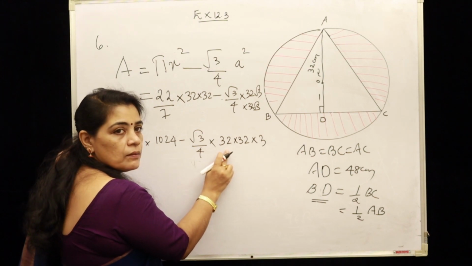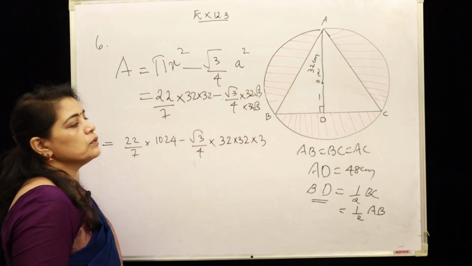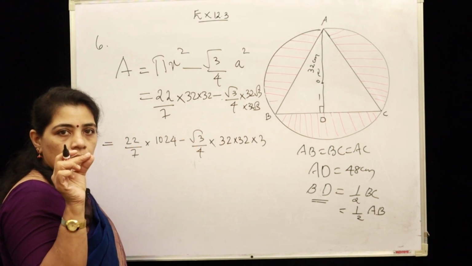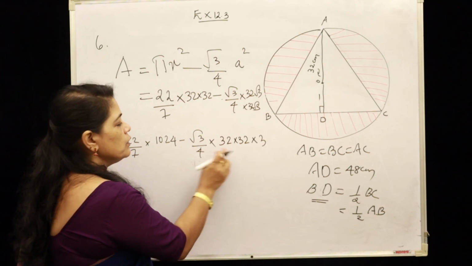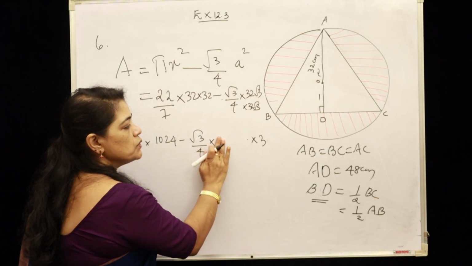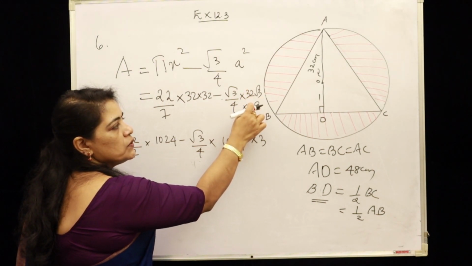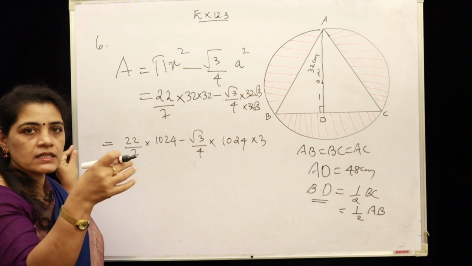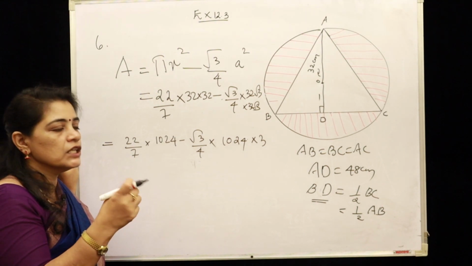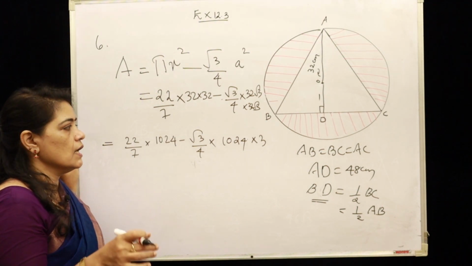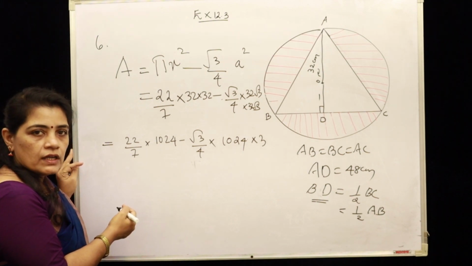I hope this is clear. Root 3 into root 3 can be written as 3. So we know that 32 into 32 is 1024, right? Both factors are combined with the into. So 32 into 32, root 3 into root 3, 3. Now the final calculation.